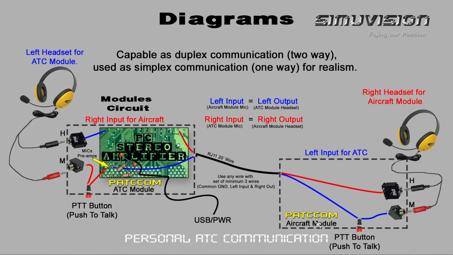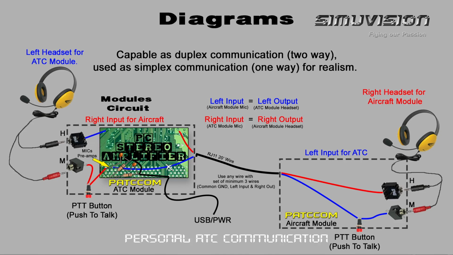And when the aircraft pilot is listening to the conversation and wants to answer, he will push his push to talk button using his microphone. And this blue one, which is the left input here, will actually be heard on the ATC module, which is the left output on the headphone. It is as simple as this.